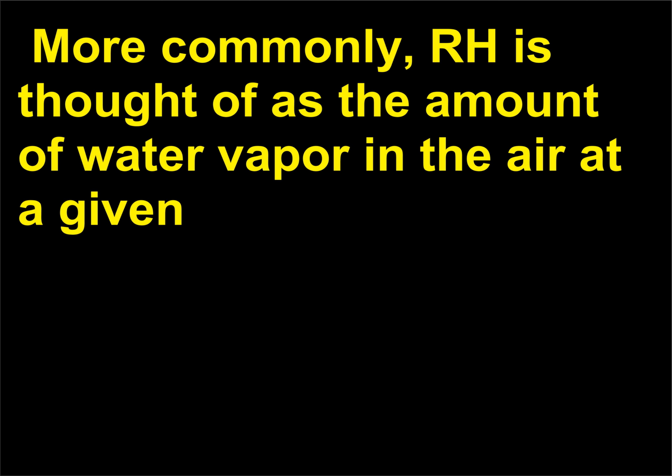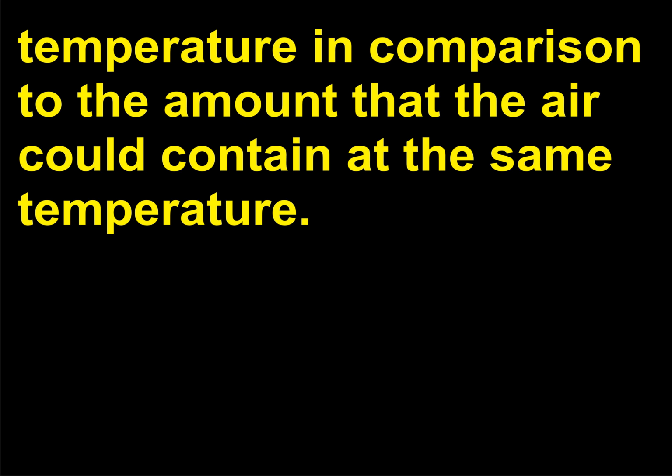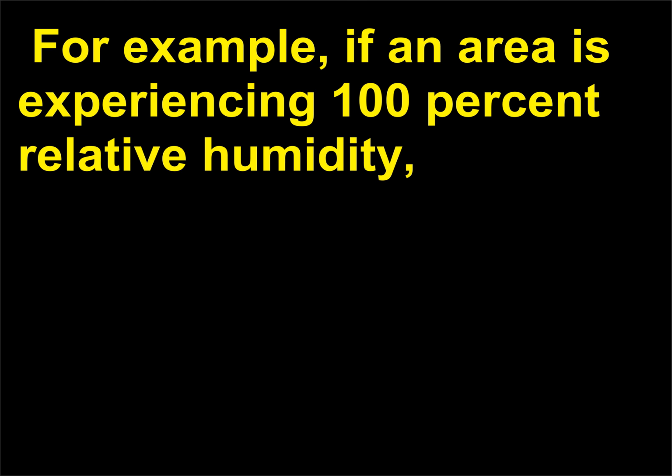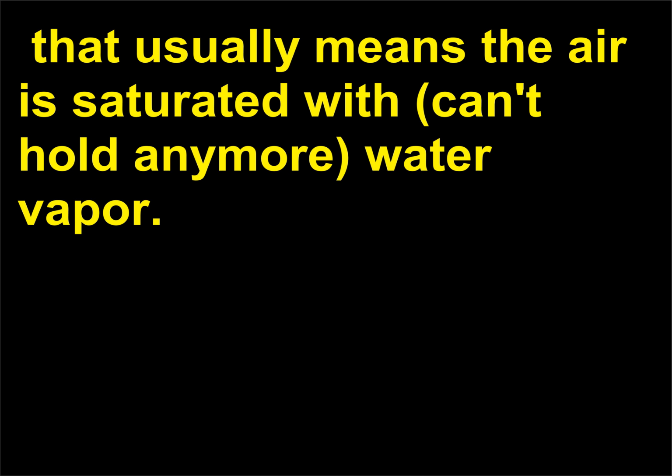More commonly, RH is thought of as the amount of water vapor in the air at a given temperature in comparison to the amount that the air could contain at the same temperature. For example, if an area is experiencing 100% relative humidity, that usually means the air is saturated with, can't hold any more, water vapor.